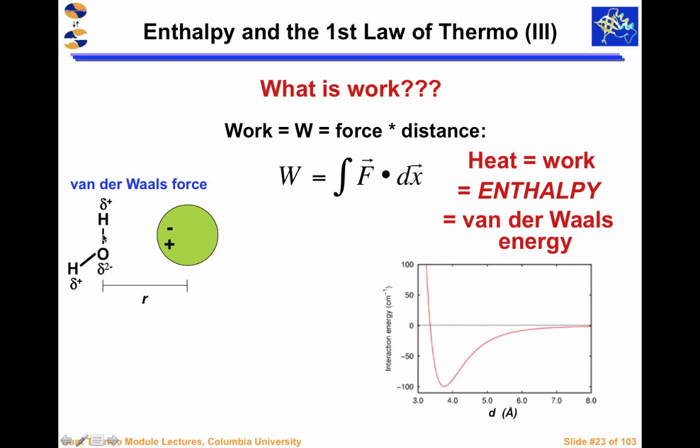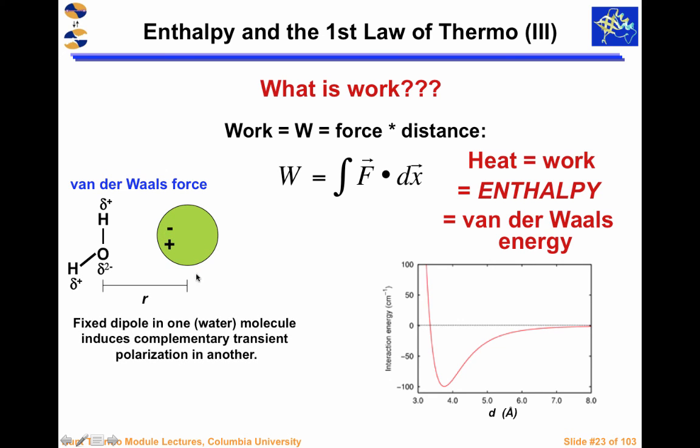And basically, because this is not fluctuating and not transient, you get a stronger interaction between the fixed dipole and the complementary charge in the polarizable atom. And so the fixed dipole in a water molecule induces a complementary transient polarization in a nearby atom. This is, again, a similar phenomenon to what produces a van der Waals force.